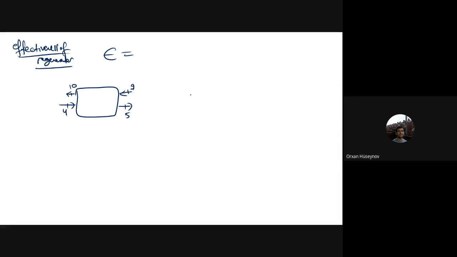If you write the first law for the regenerator, the kinetic energy changes and potential energy changes are approximately 0. So for that case, H5 minus H4 will be equal to H9 minus H10.